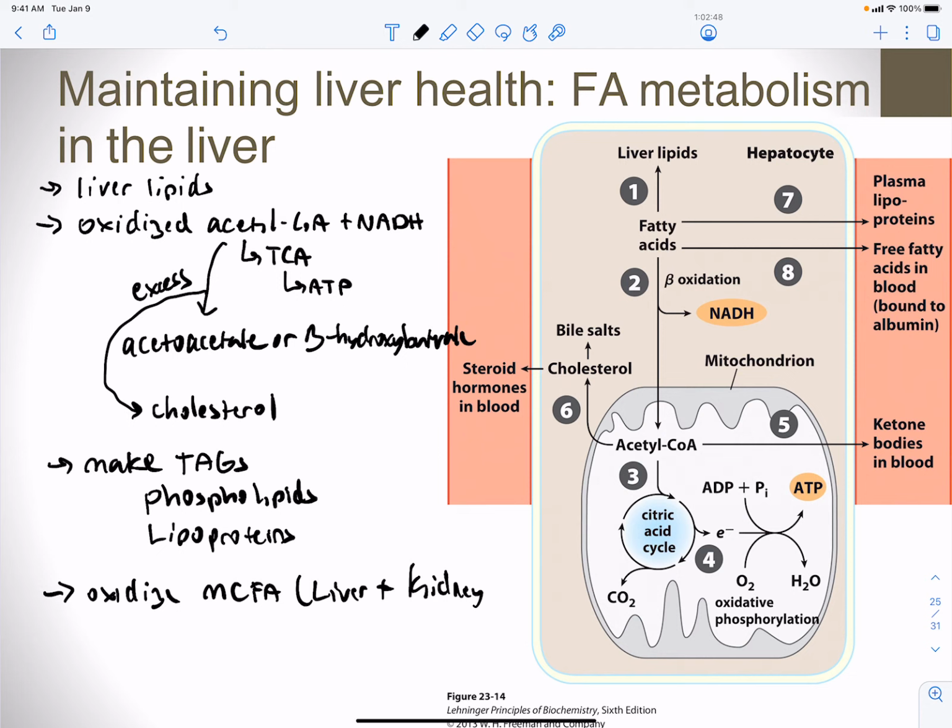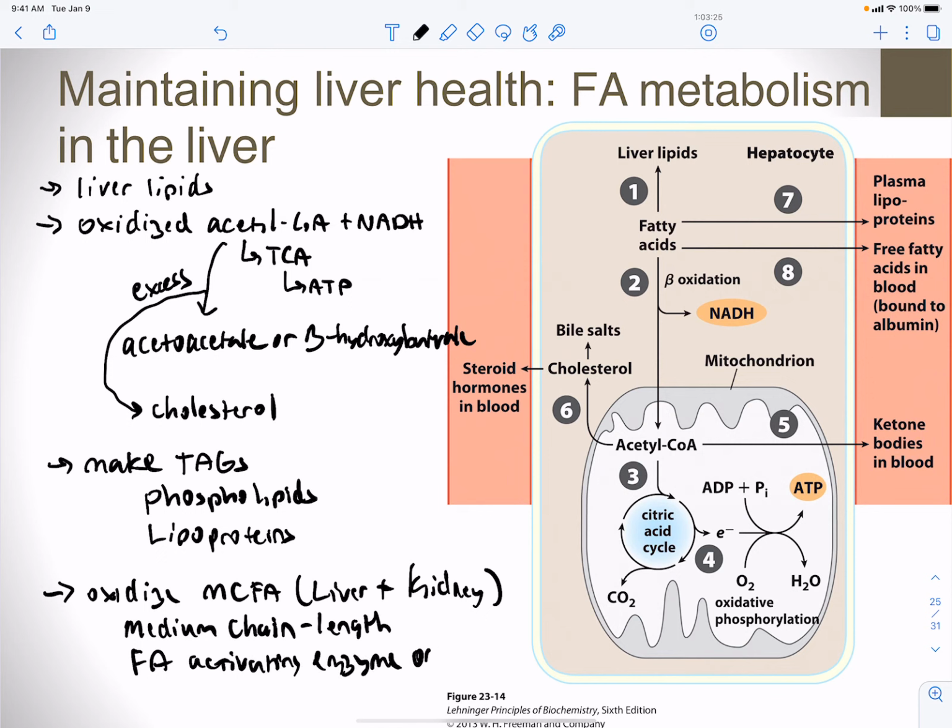When you eat a mixed meal, your medium chain fatty acids are released directly into the portal circulation, and they are activated to their acyl-CoA derivatives using the medium chain fatty acid activating enzyme, which is only present in the liver and kidney. So the kidney and liver have this.